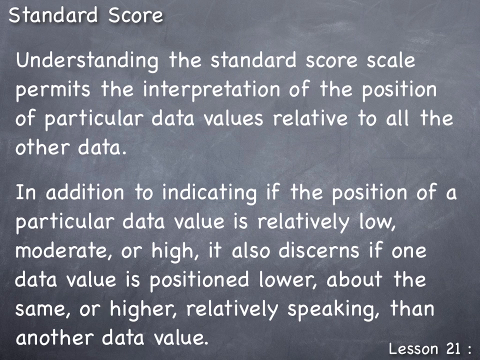So anytime the interest is to determine whether something is considered low, moderate, or high, or if when comparing different data values, we want to know if one is positioned lower, about the same, or higher than the other, the standard score is the result we turn to help answer that question.